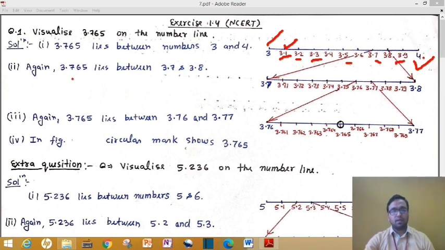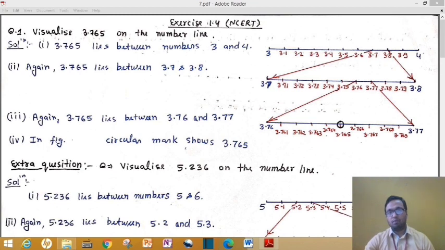Okay, so again we can say the second point is 3.765, and this will lie between 3.7 and 3.8. As you can see, this is 765, so it will lie between 700 and 800. So here we have the number 3.7, and here we have 3.8.